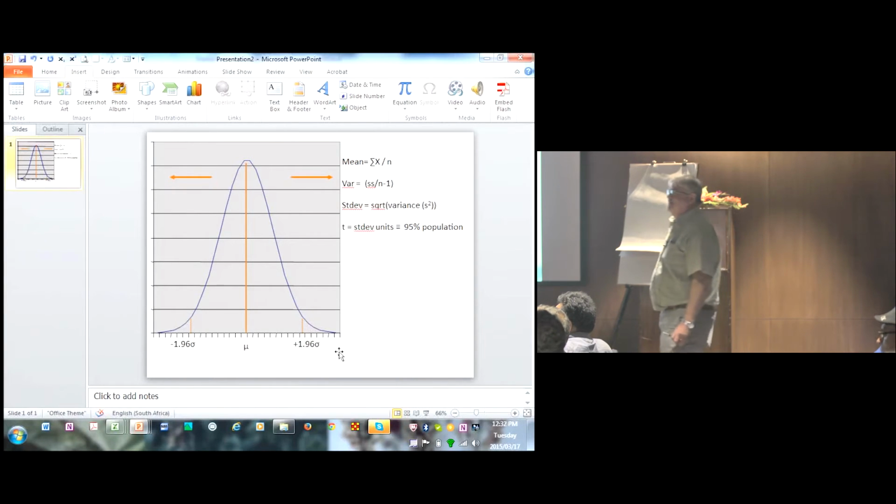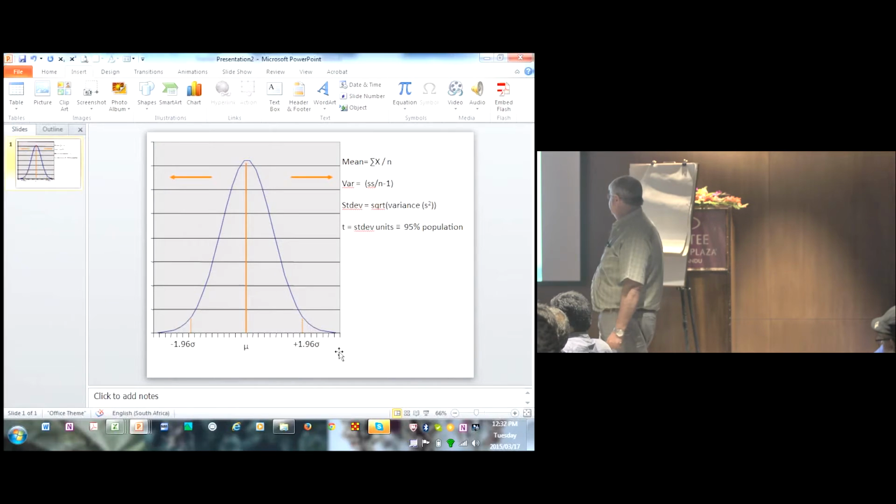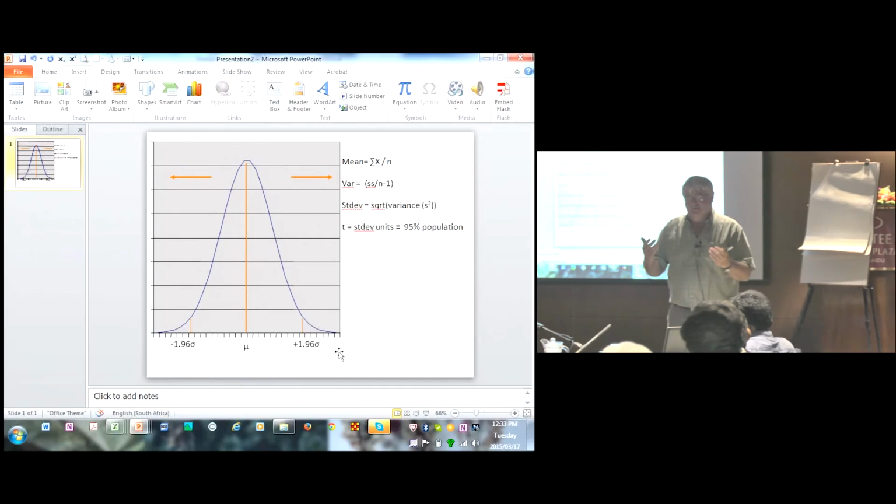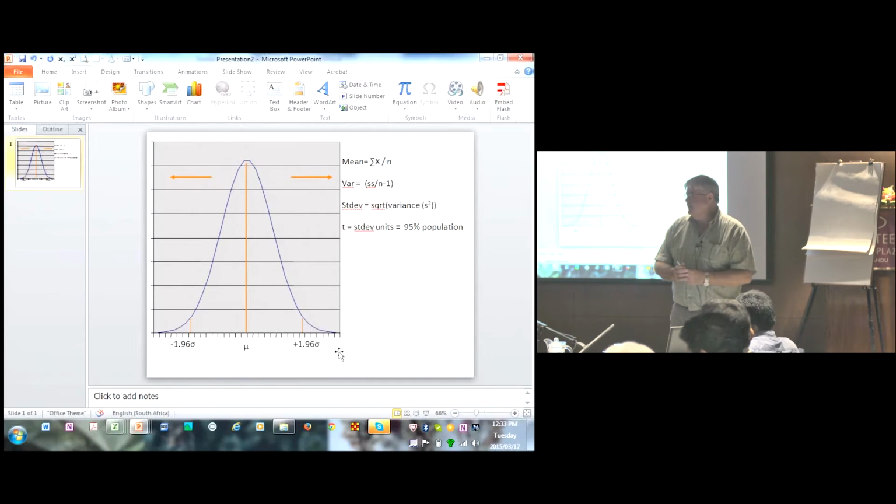So the standard deviation 4.2 would mean what? We had a figure of 4.2. That is the number of units on either side of the mean, which would then cover 68% of the population. If I want to make that 95% of the population, I have to multiply that by the appropriate t value.